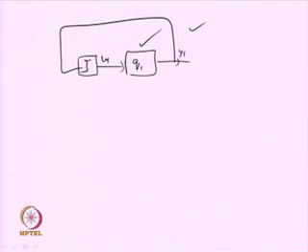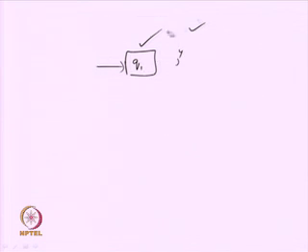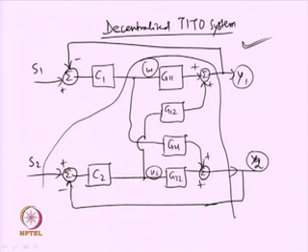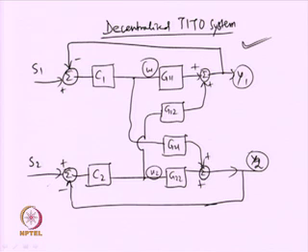So, what will be Q1 now? Before connecting this, what is Q1? Q1 has the input U1 and output Y1. So, how can I find this one? This is possible provided I consider this part of the diagram, so I will begin with this.